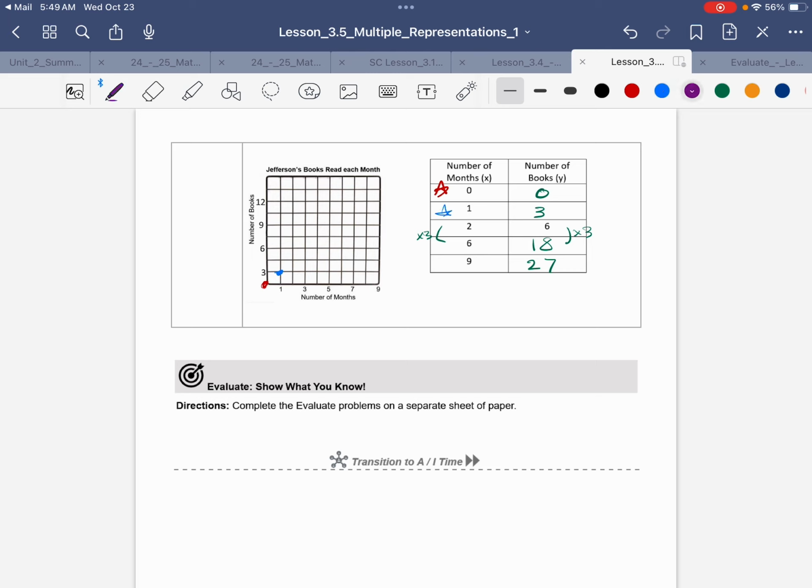Yellow, we'll do 6, 18. 6 is in between 5 and 7. And 18, this would be 9. And what's in between?